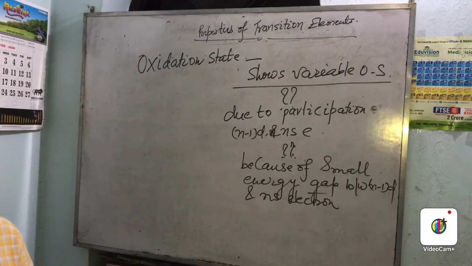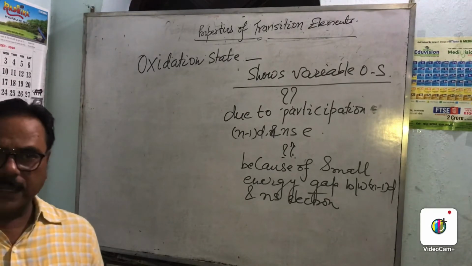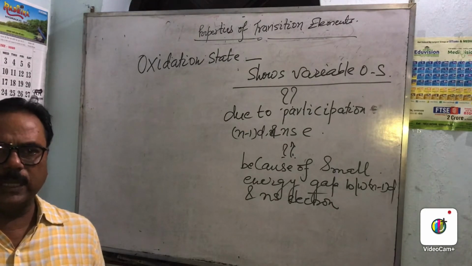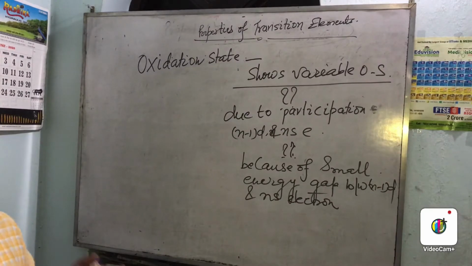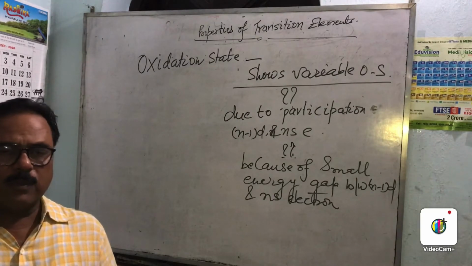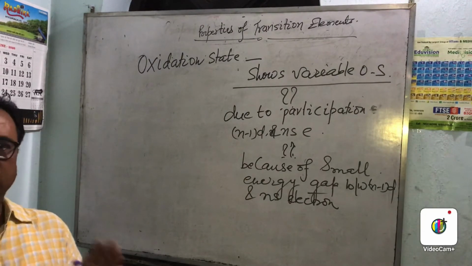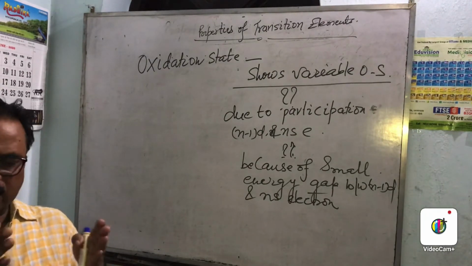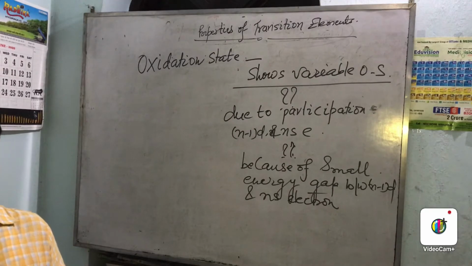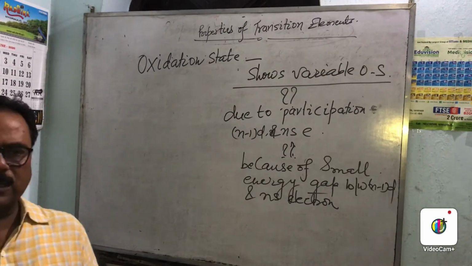Variable oxidation state is due to the participation of the ns and (n-1)d electrons, right? Why do only these two participate? Because if we see the energy level diagram, the energy gap between the ns and (n-1)d orbitals is very small.